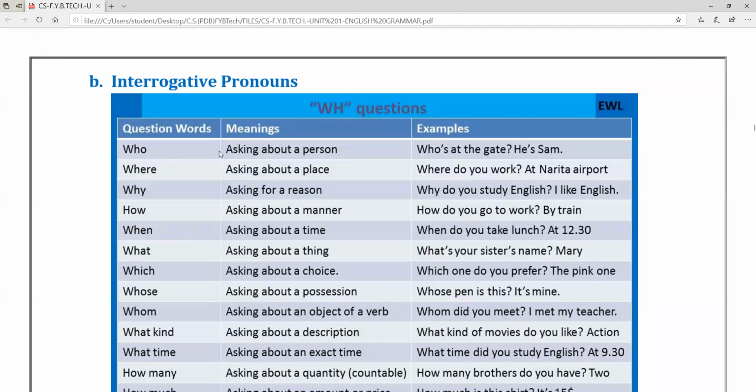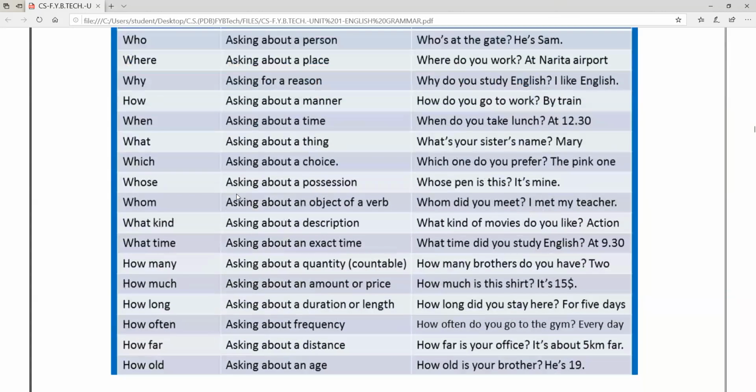For example, we are using who for asking about a person, then where for asking about a place, why for asking for a reason, how for asking about a manner, when for asking about a time, what for asking about a thing, which for asking about a choice, which is your favorite color or which is your favorite ice cream.